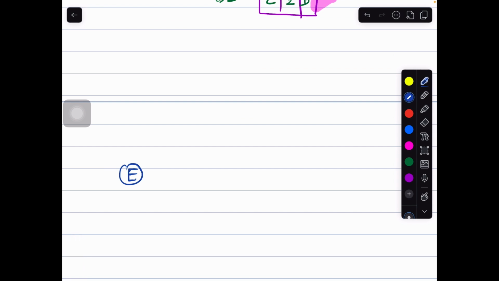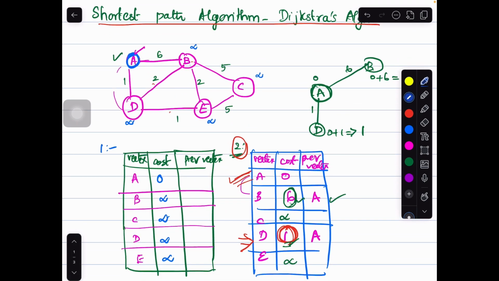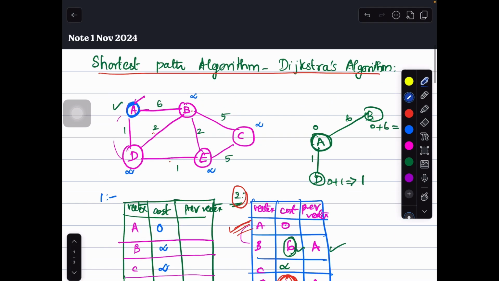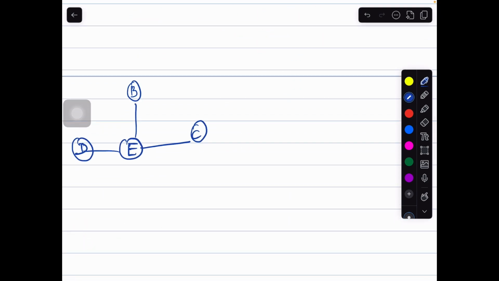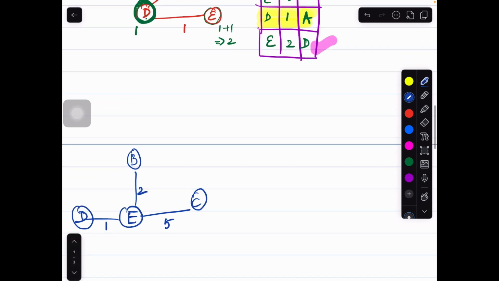So for node E, it is D, C and B. Now the cost to reach from E to C is 5, D to E is 1 and E to B is 2. So let us just write it down: 1, 5 and 2.